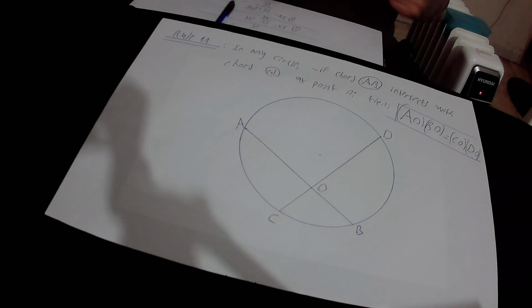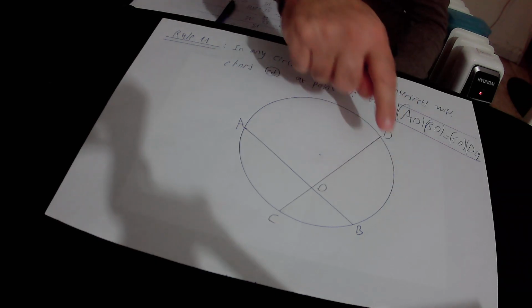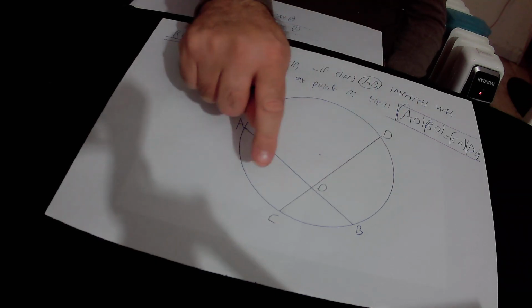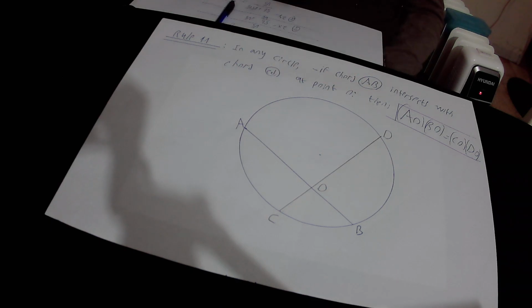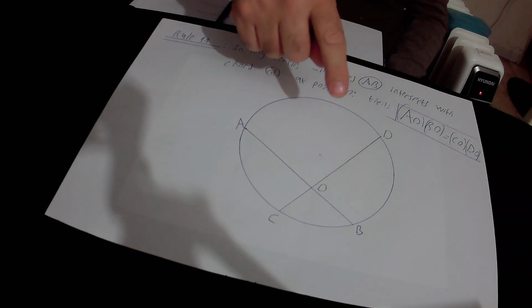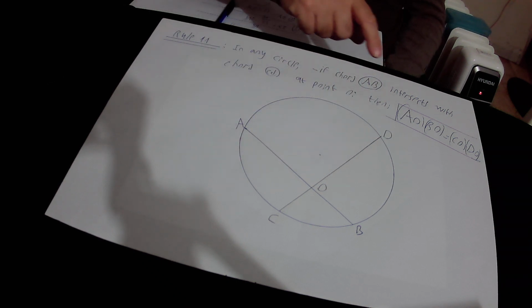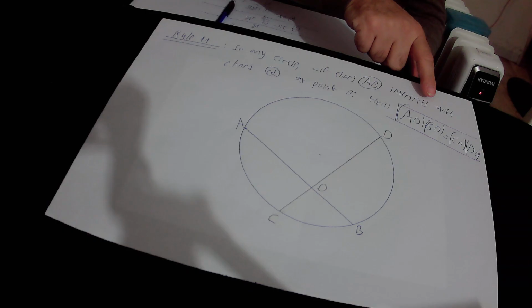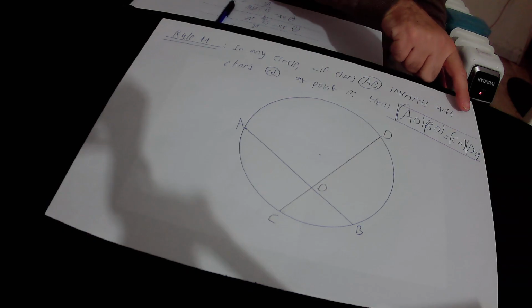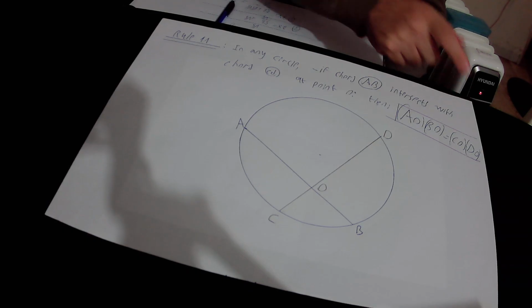Here in our drawing we have chord AB that intersects with chord CD at point O. Point O is the intersection point. Whenever two chords intersect, the following equation is true: AO times OB equals DO times OC.